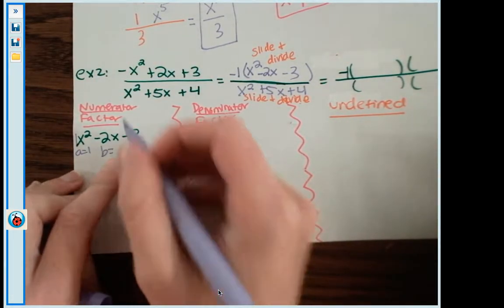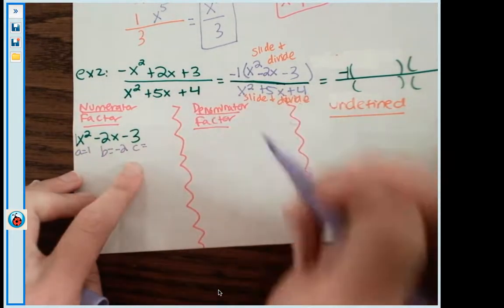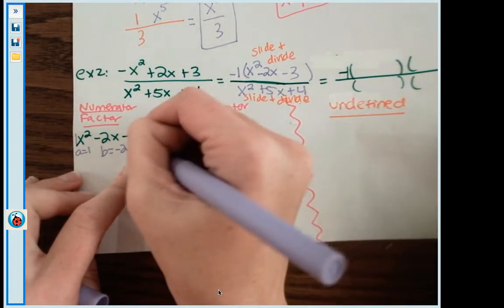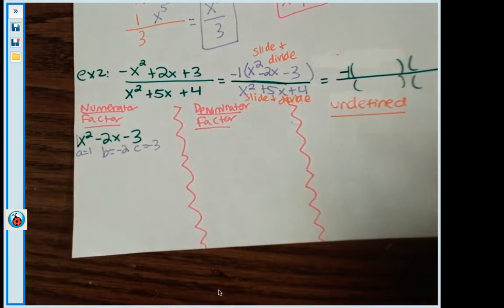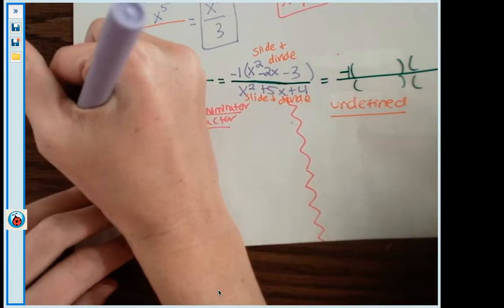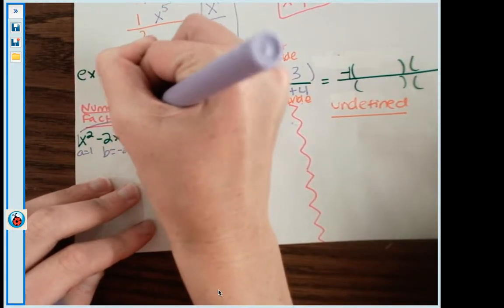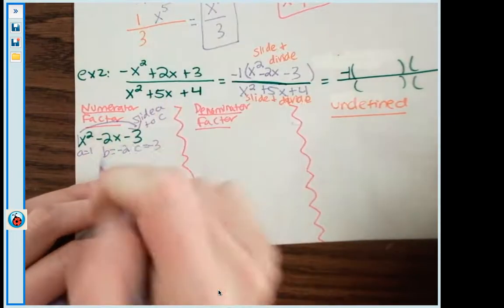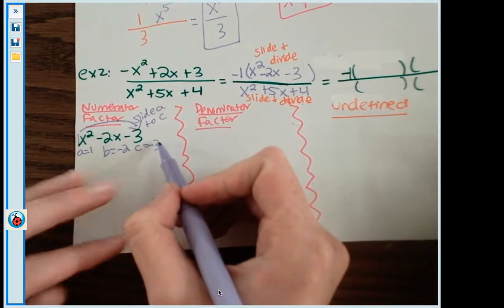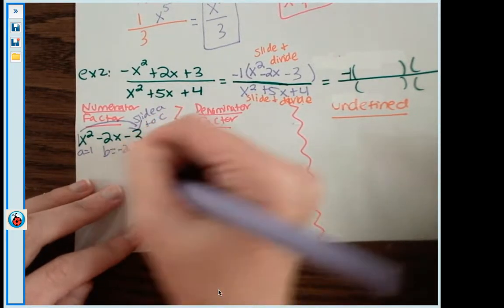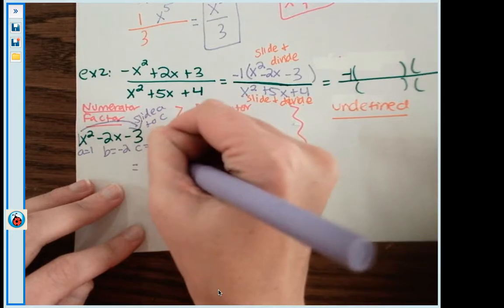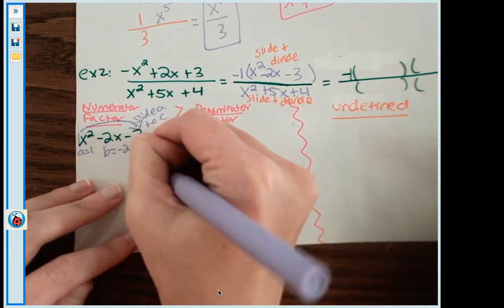B is the number in front of x, which is a -2. And my c is the number without x, which is a -3. Alright guys, let's do this thing. We start by sliding a to c, and we're going to multiply. So 1 times -3 is -3. So our AC, this is our slide, is -3.